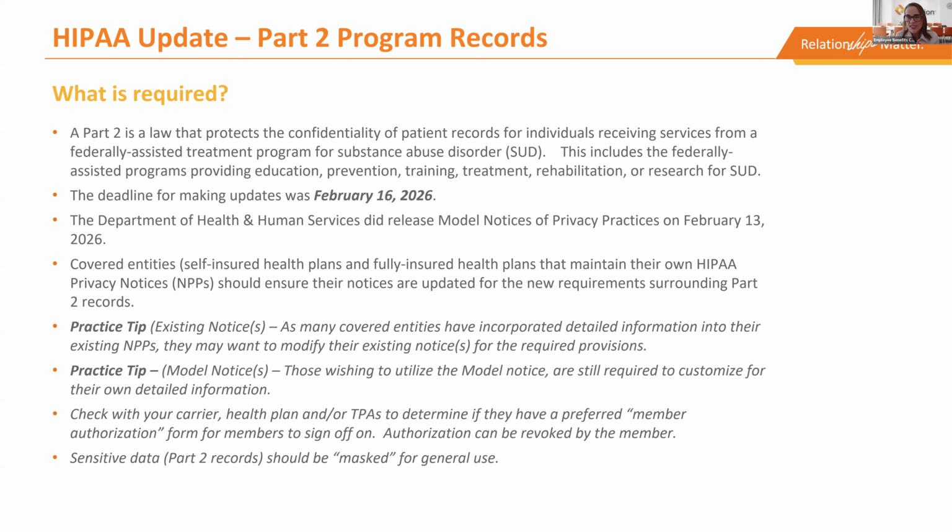So, first off, just to put the definition out there, Part 2 is a law that protects the confidentiality of patient records for individuals that are receiving services from a federally assisted treatment program for substance abuse disorder.